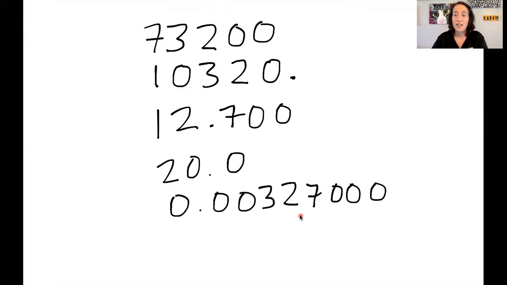When we are talking about trailing zeros, we're talking about zeros that come after the last non-zero integer or non-zero number. So in this first example, I'm talking about these 2 zeros right here. In this example, this 0 right here. In this example, these 2 zeros, and in this example, these 2 zeros. And in this example, these last 3 zeros right here. Remember, these are leading zeros and they're not significant. We just talked about that. So those don't count as significant figures.